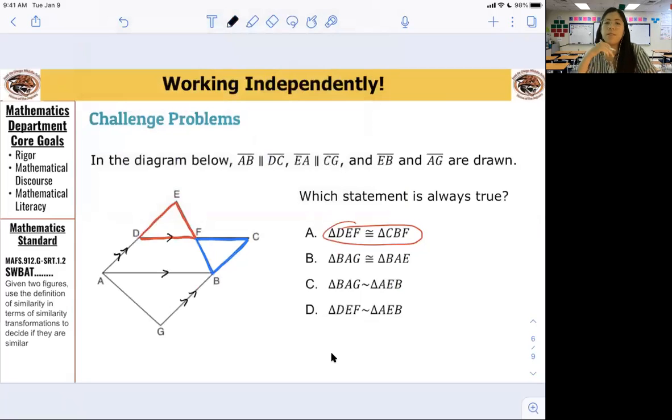What do I know about these? Is there anything that's congruent? Is there anything that is similar? Anything? So maybe ED and CB are corresponding.